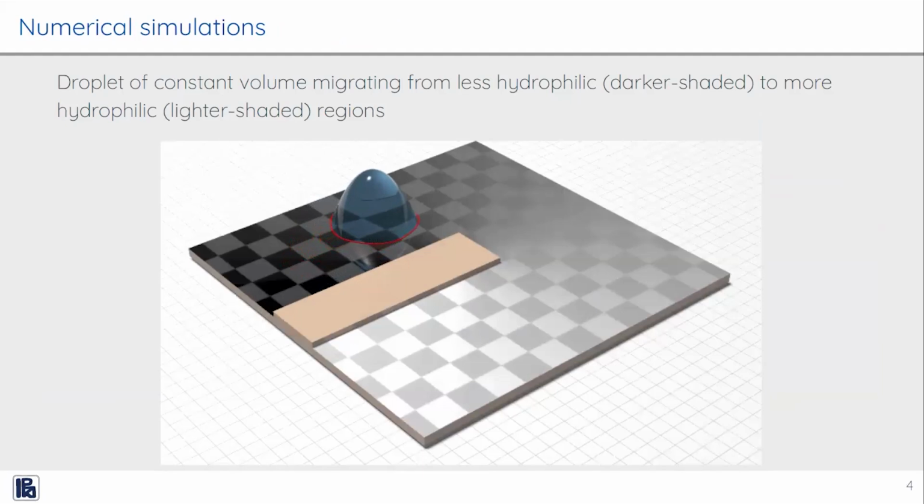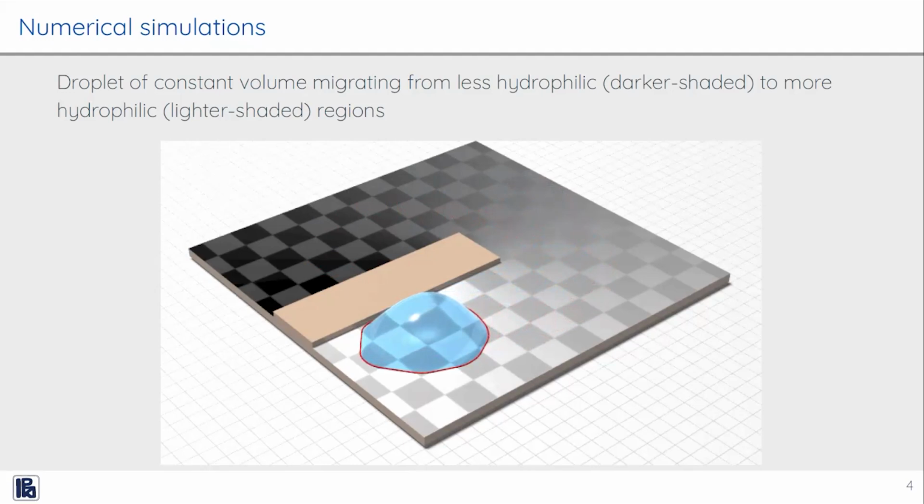And we carry out similar simulations, but instead of electric fields, we use the chemical heterogeneities on the surface to move the droplets around. So here we have darker shaded regions that are more hydrophobic and lighter shaded ones that are more hydrophilic.